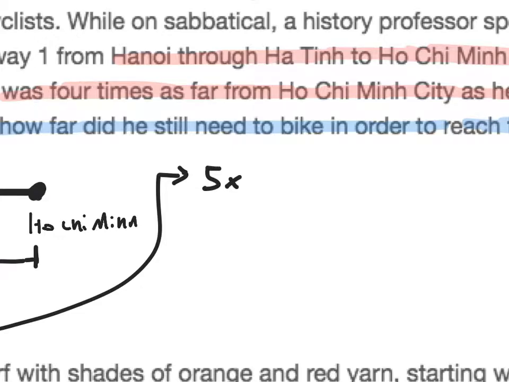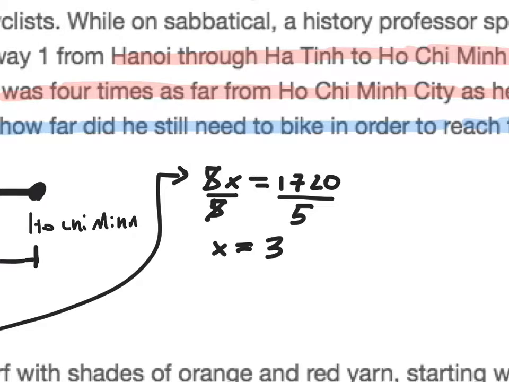To solve this, I'm going to divide both sides by 5. Those divide out, and my x value is going to equal 344. So that's 344 kilometers.